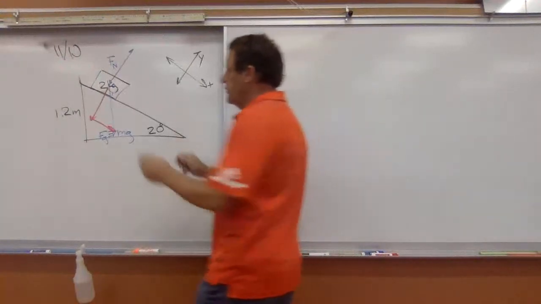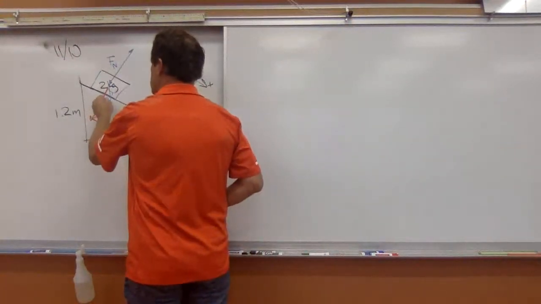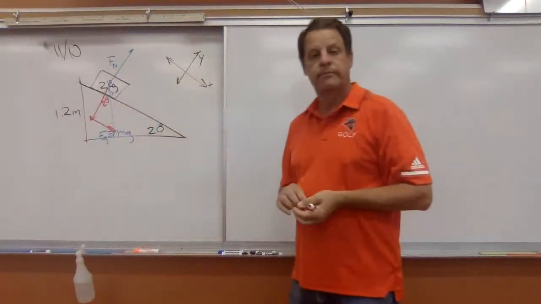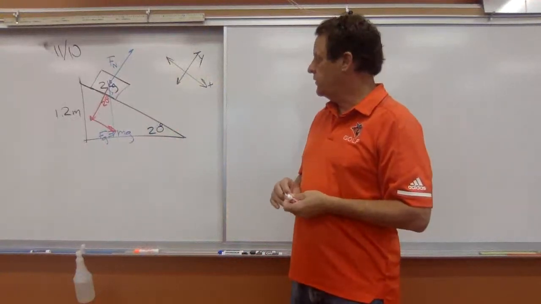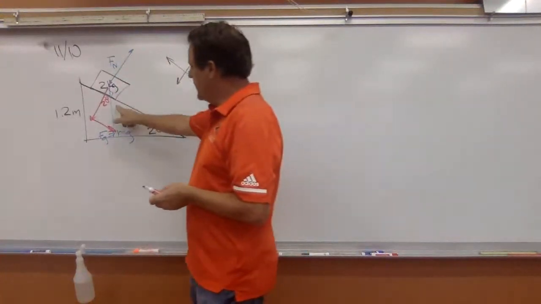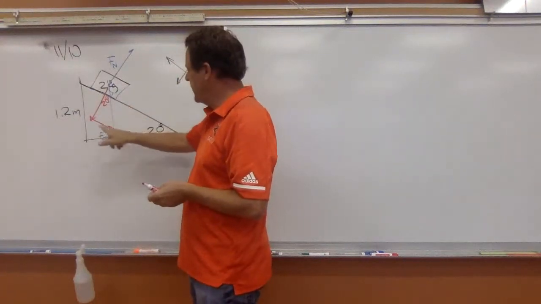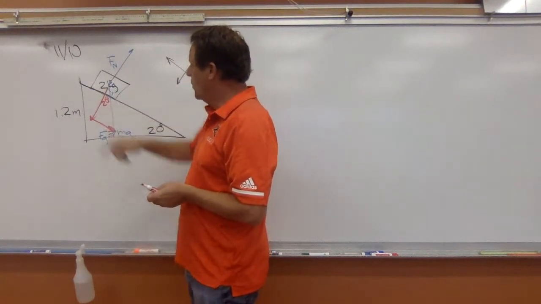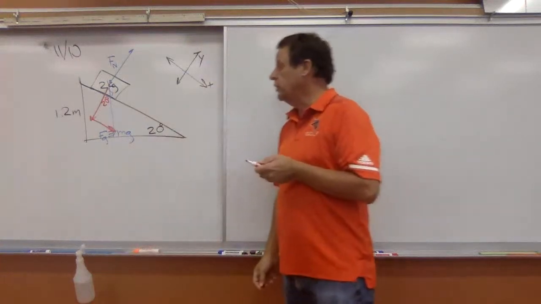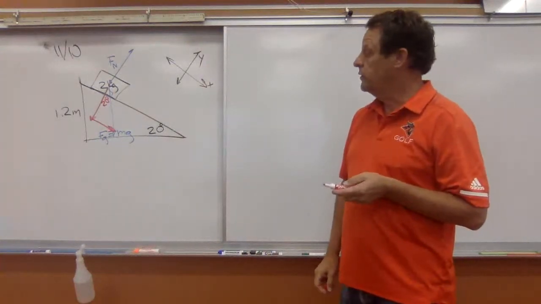If this is 20 degrees, then that's 20 degrees. That can be easily seen: if this is 20, then that's 70, since this is a right angle and 70 plus 20 is 90. We could use 70 degrees, but we're going to use 20 degrees.